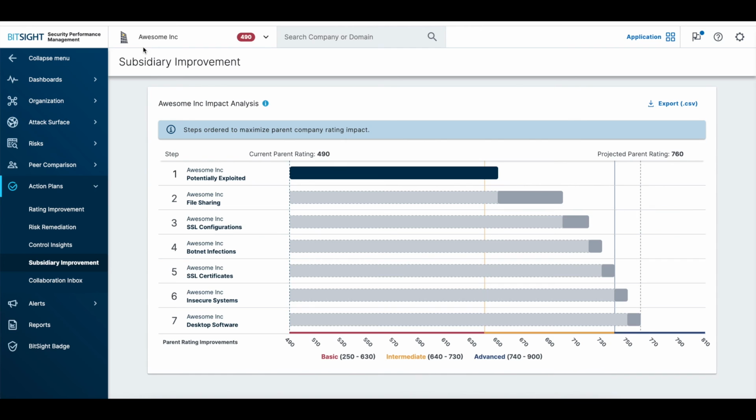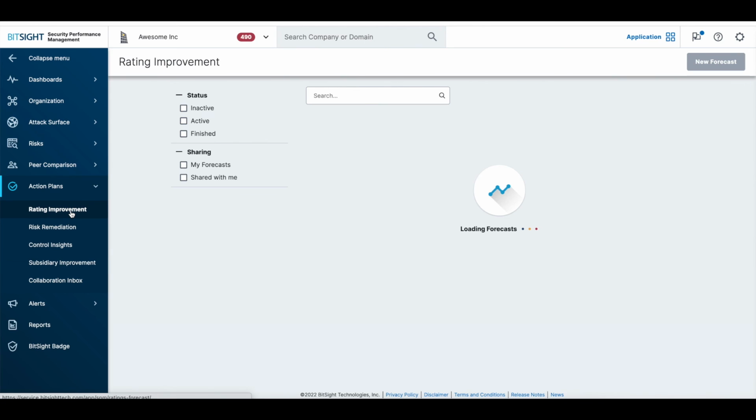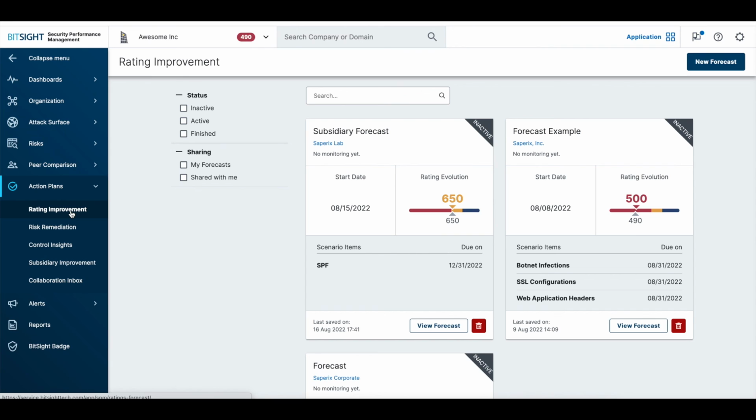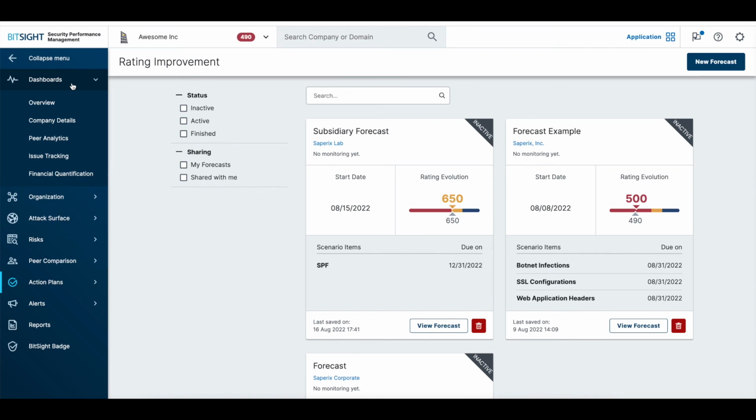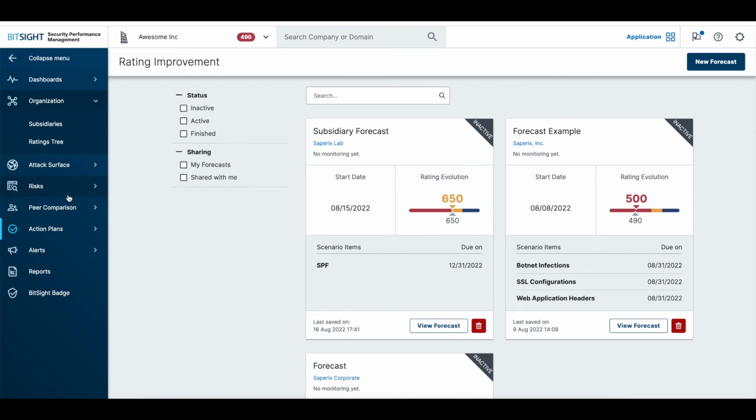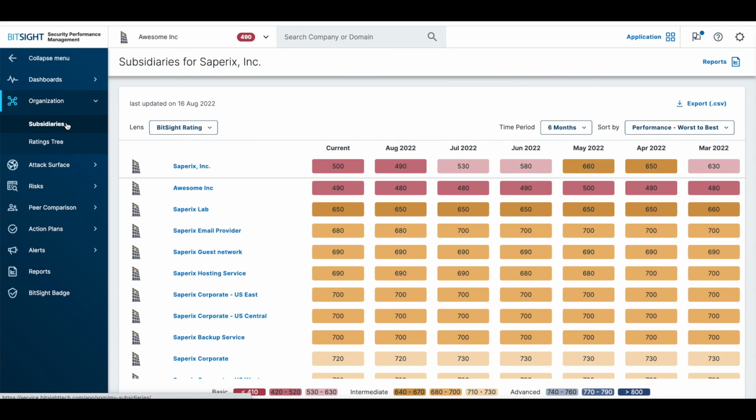MySubs will also further enhance capabilities I'm already using today, like this ratings improvement plan, attack surface analytics, peer analytics, forecasting, or I can even start to quantify the financial impact of the risks in my subsidiaries with the financial quantification add-on. So to summarize, MySubs is built with efficiency and scale in mind, providing deeper insights into the extended footprint of my business.